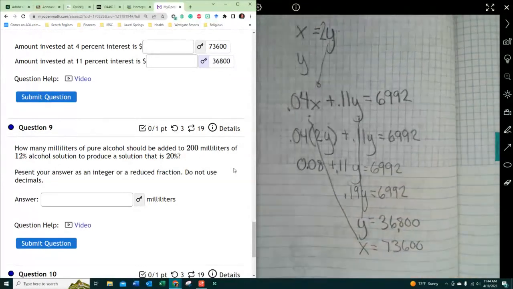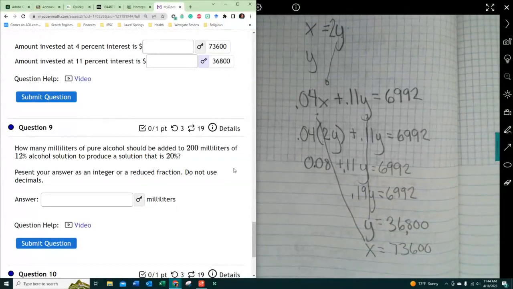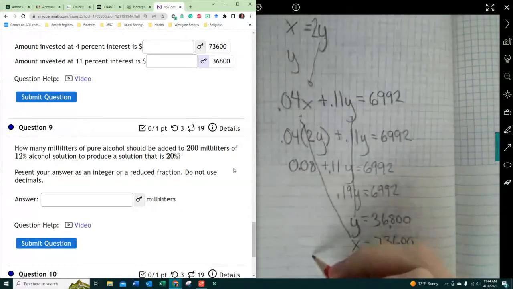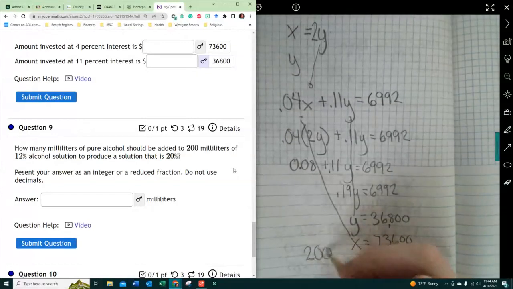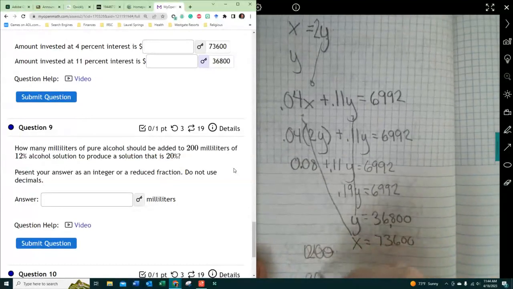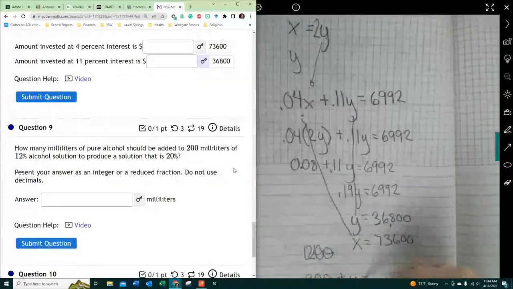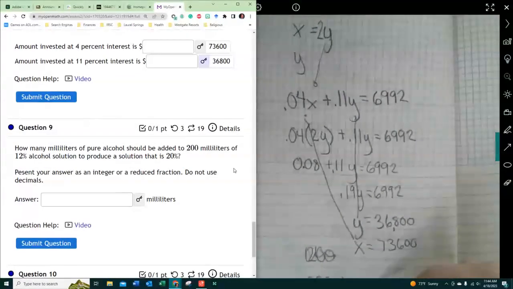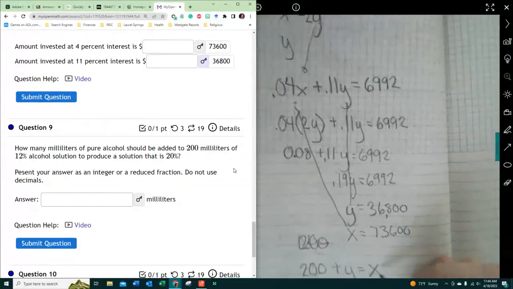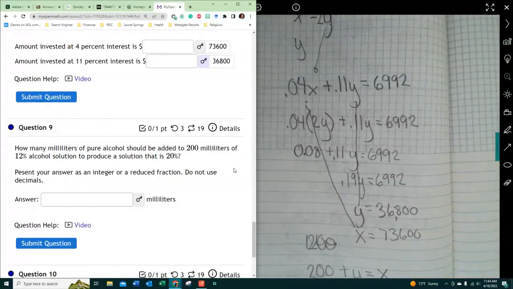So we already know what the number of milliliters is for the pure alcohol. So we have 200 of pure alcohol plus some Y, and then we just don't know what that is, so we're going to call it X. The X is like the value of the solution.